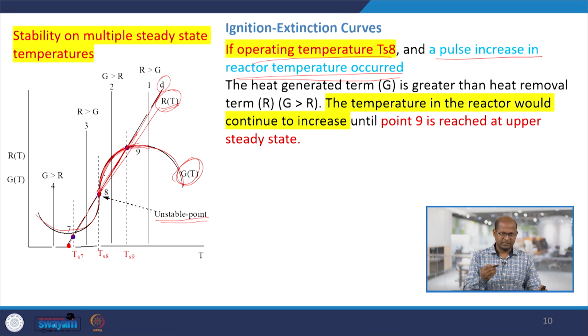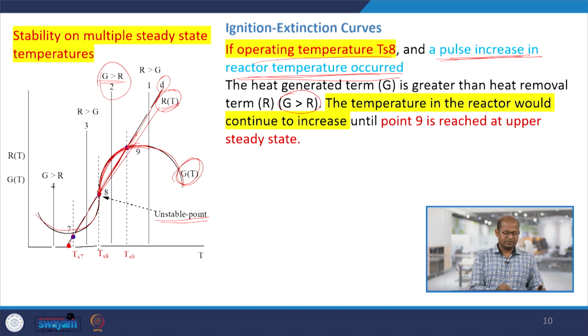If a sudden pulse increase in the reactor temperature occurs when the reaction is being conducted at this particular steady state temperature, then what would happen? Then the heat generation term would be higher than heat removal. At this particular point, heat generation is more than heat removal.